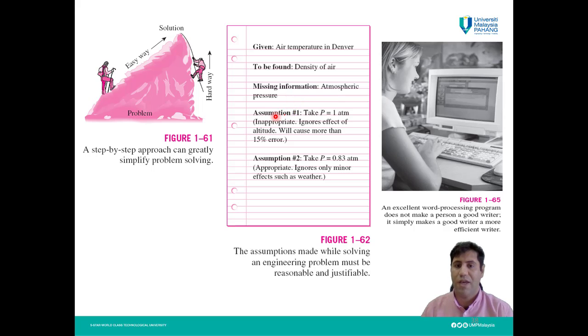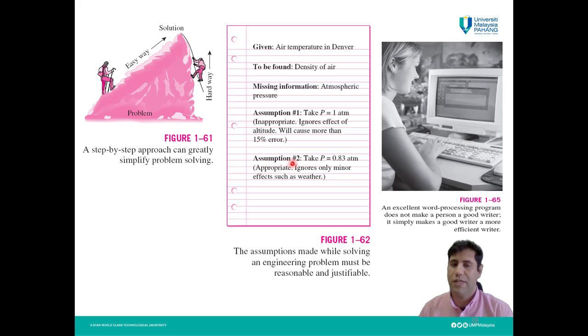So we can make an assumption. Assumption number one: take P equal to 1 atmosphere. It's inappropriate. Why? Because it ignores the effect of altitude, which will cause more than 15% error. You will understand this error later on when you calculate.